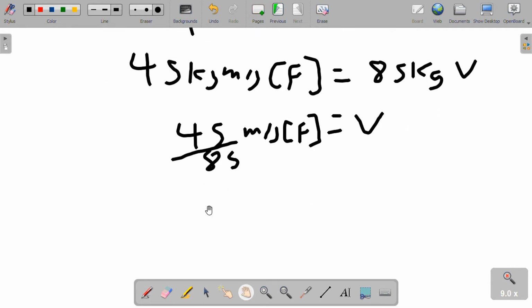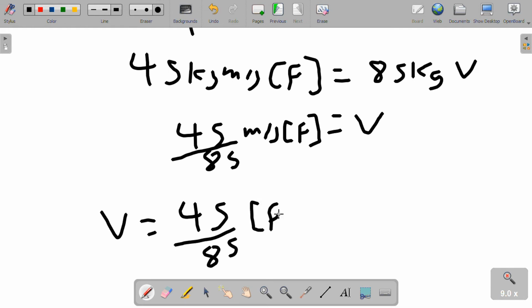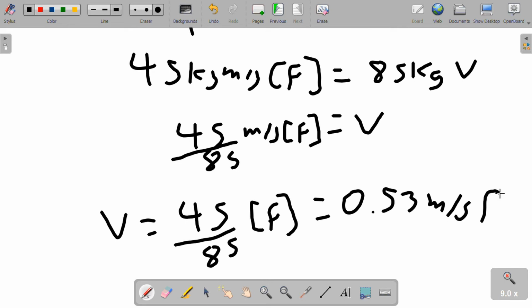So our velocity is 45 over 85, and the direction is forward. So that's 0.53 meters per second forward.